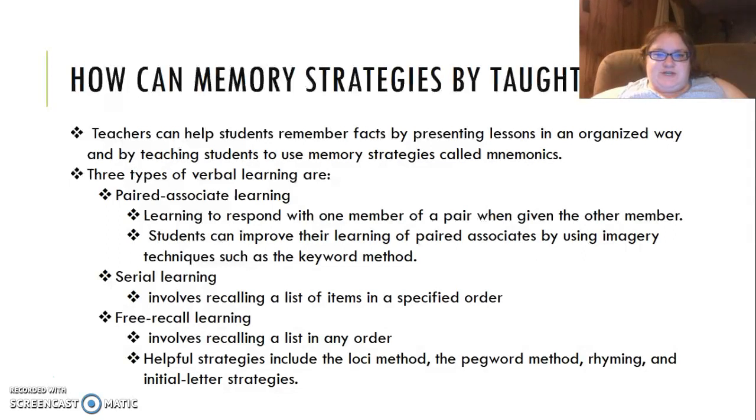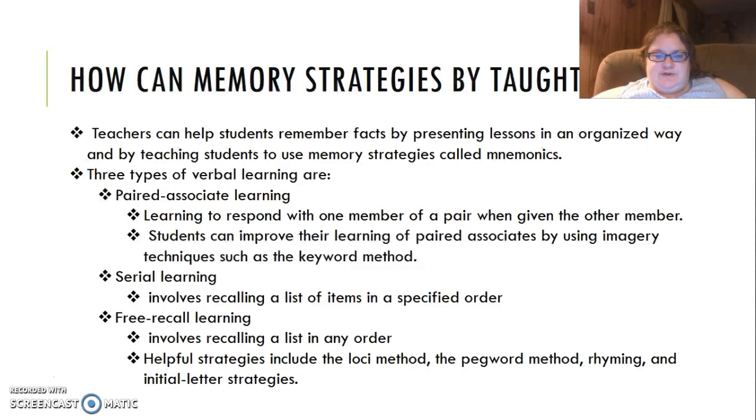How can memory strategies be taught? Teachers can help students remember facts by presenting lessons in an organized way and by teaching students to use memory strategies called mnemonics. Three types of verbal learning are paired associate learning, where one learns to respond with one member of a pair when given the other member.